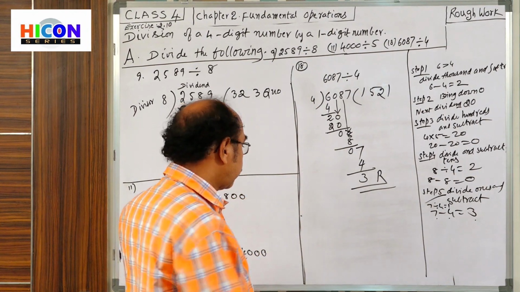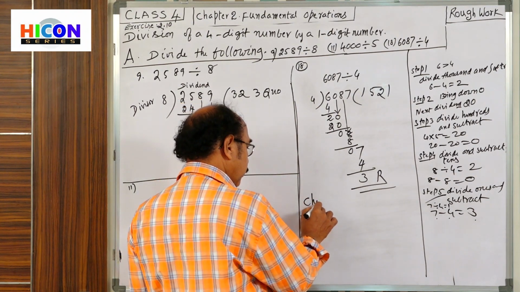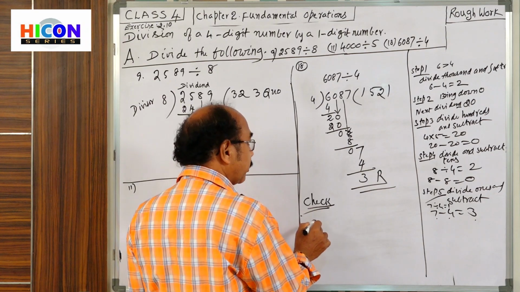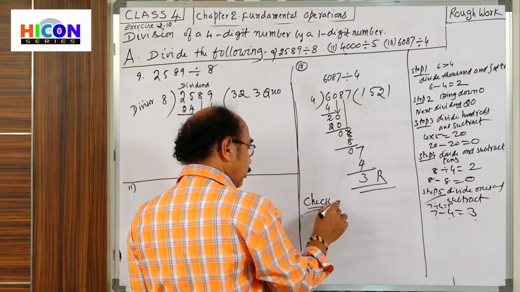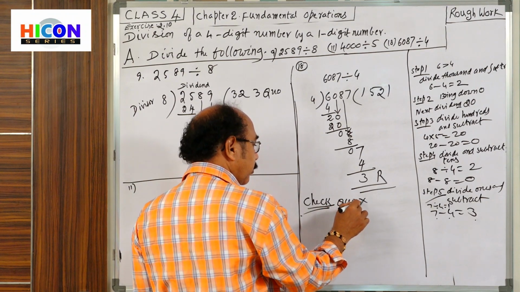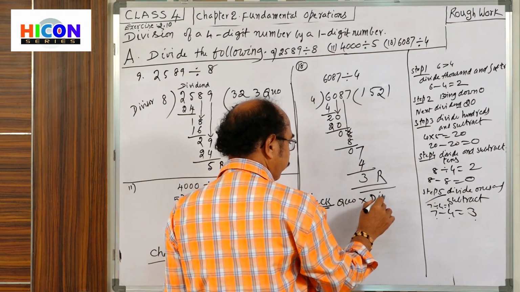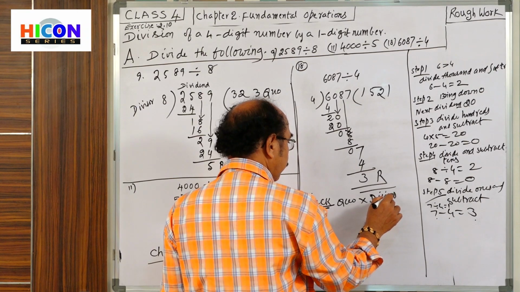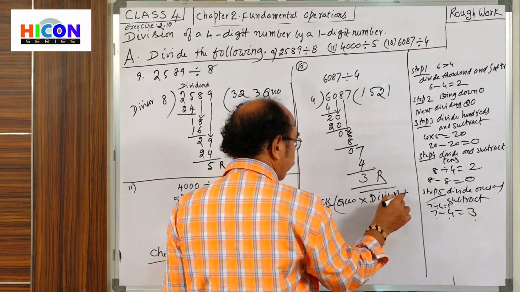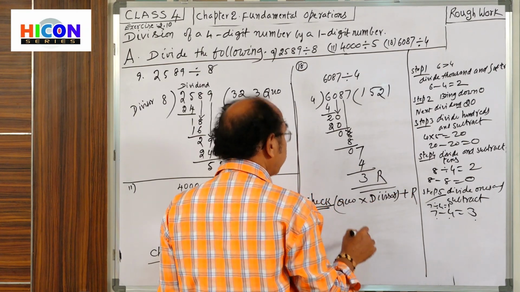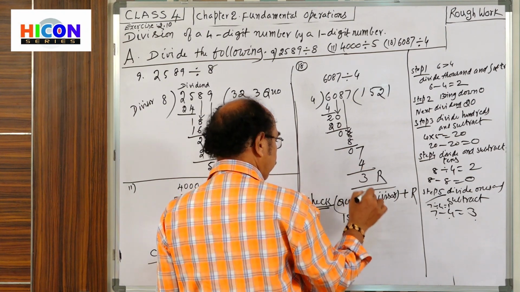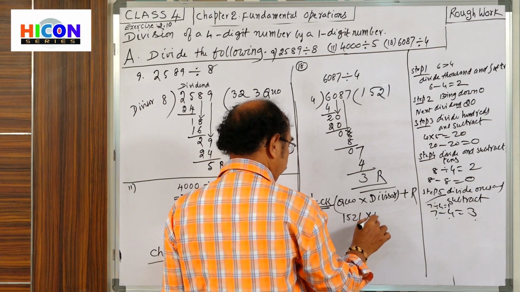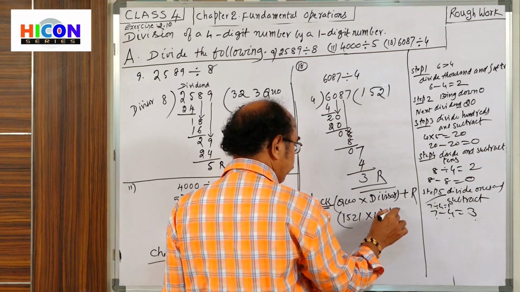Check. Check the division. Dividend is equal to divisor into quotient plus remainder. What is the quotient here? 1521. What is the divisor? 4. What is the remainder? 3.